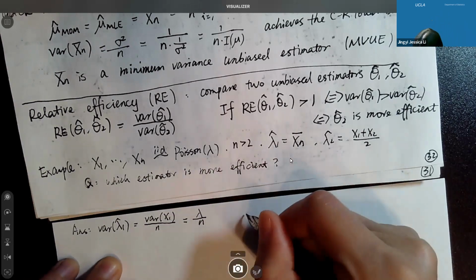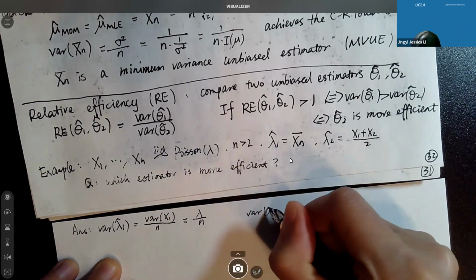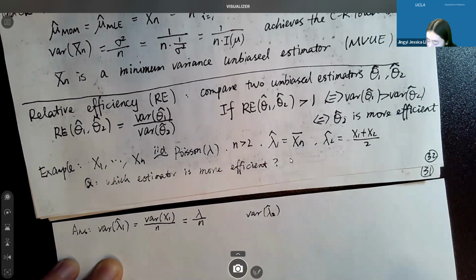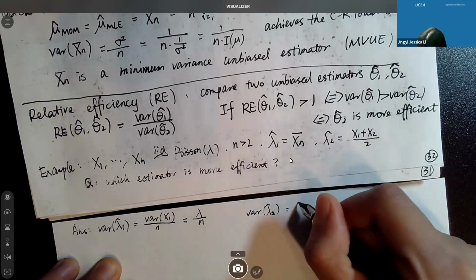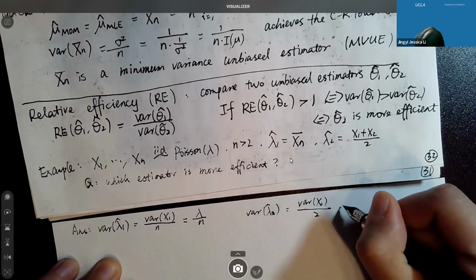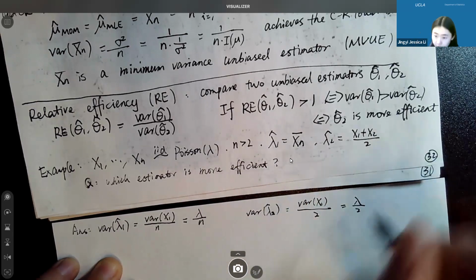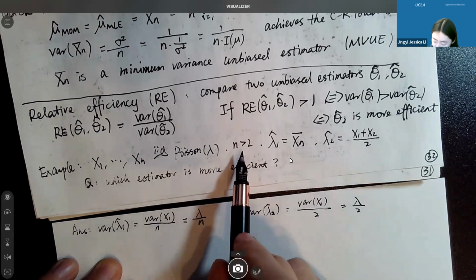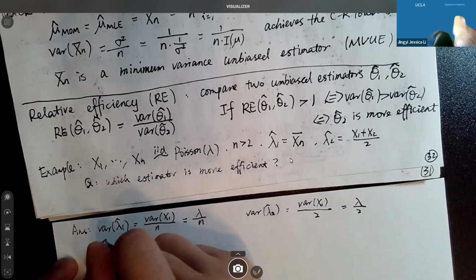And similarly, for the second estimator, we can just write this down directly because it's also a sample mean, but the sample size is just 2 instead of n. So it's equal to the variance of x1 divided by 2, which is lambda over 2. Okay, and then we know that here we said n is greater than 2.